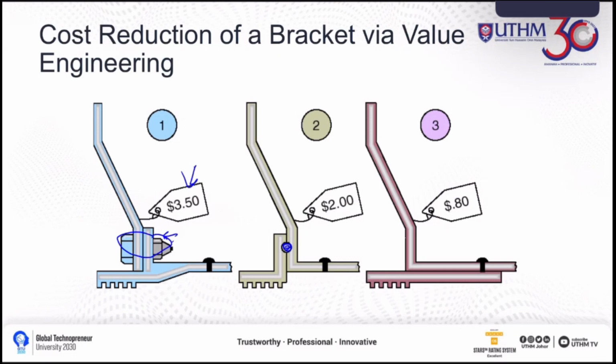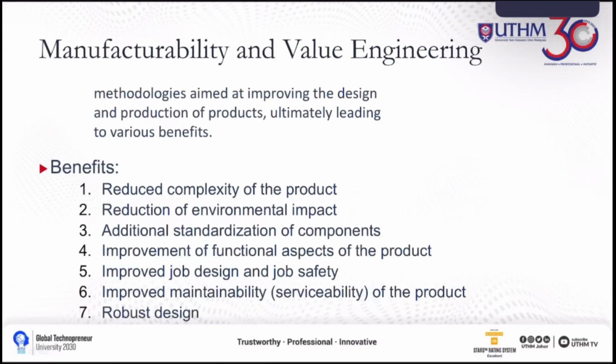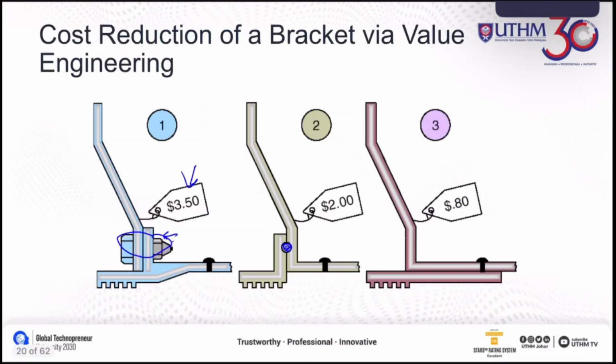So that will reduce the cost, and the assembly becomes simpler. Maybe there is also a reduction of environmental impact, because you are using another component that is environmentally friendly, for example. And then another way is, during the process, you see we still can lower our cost by only designing like this.